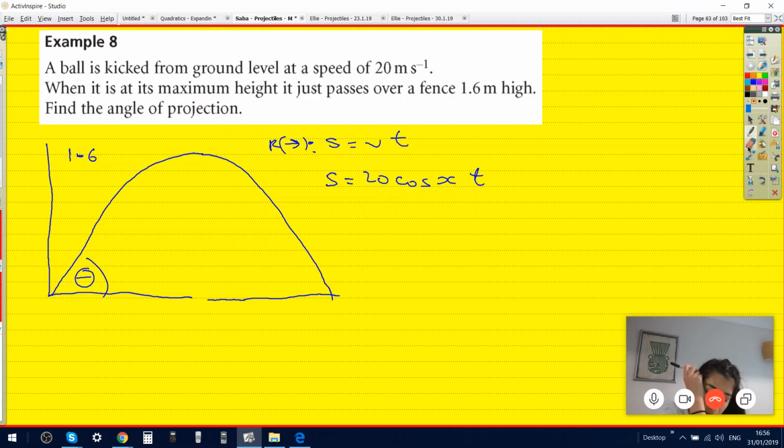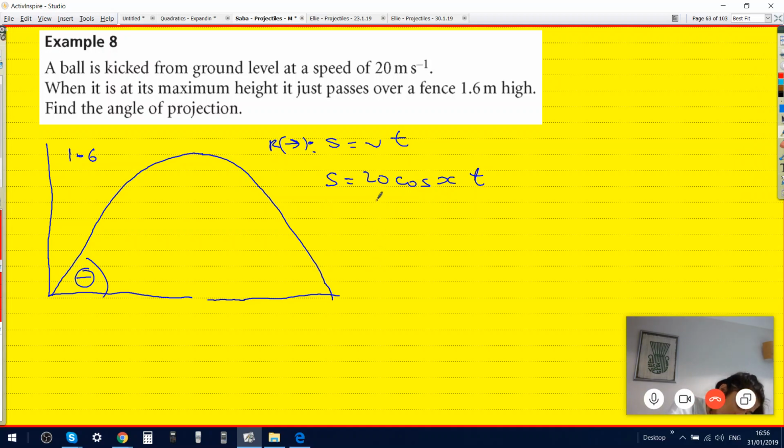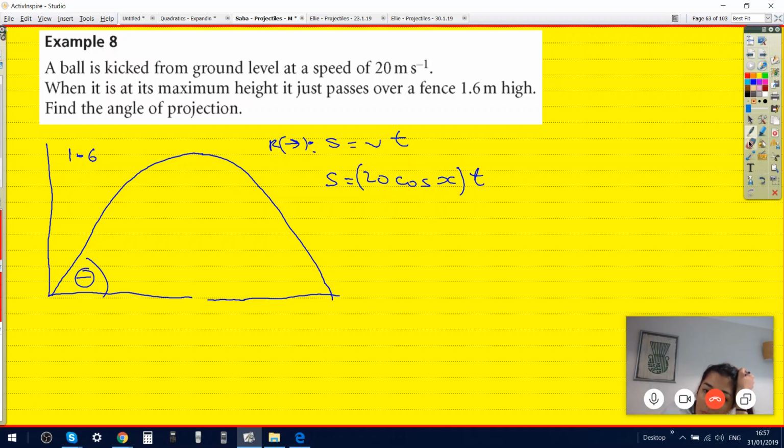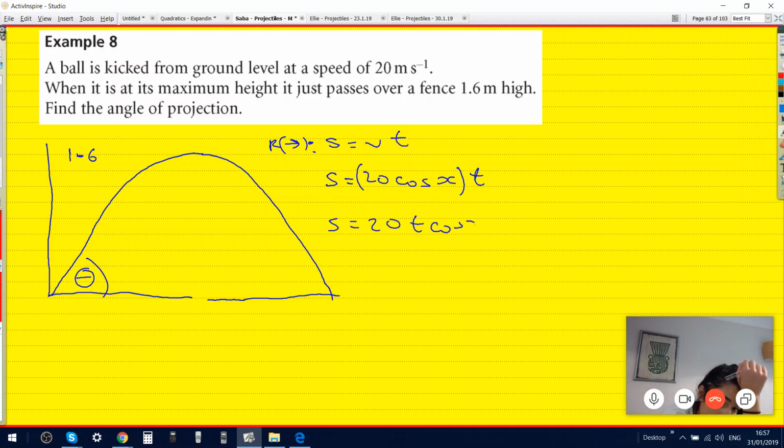So there you go. There's one equation that has two unknowns in it. So there's nothing crazy about that. There's nothing squared or whatever. Maybe I'll call it 20t cos x. Okay. That's still scary. Okay, let's resolve vertically.